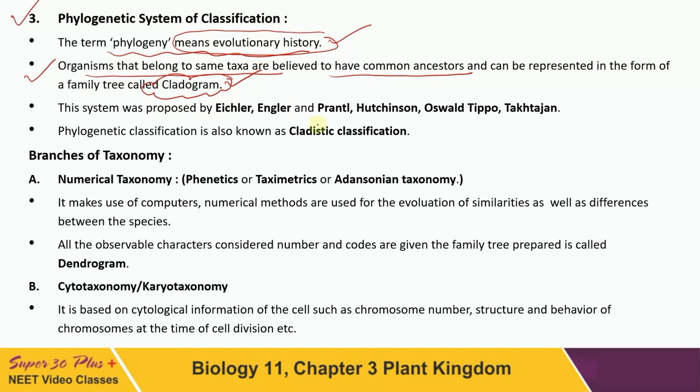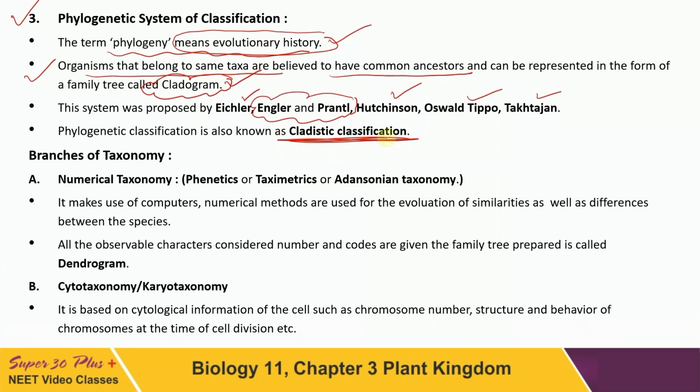The system was proposed by Eichler, Engler, and Prantl. That is one of the very important systems, phylogenetic system, and other systems of this type are given by Hutchinson, Oswald Tippo, and Takhtajan. Phylogenetic classification is also known as cladistic classification. Important question.